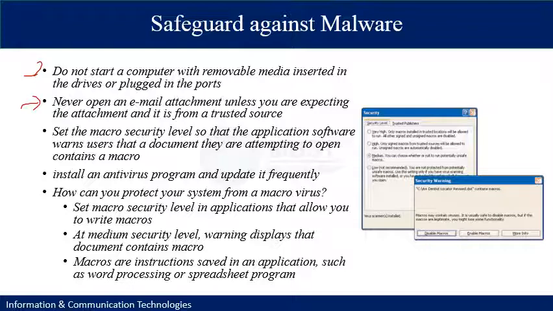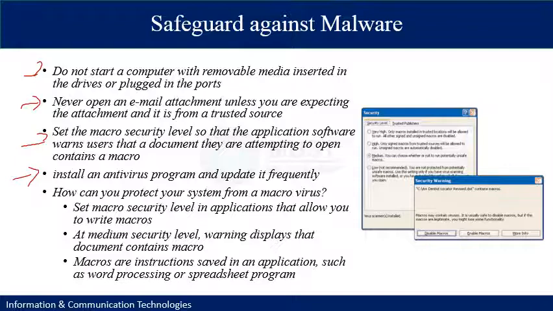You set the macro security level so that the application software warns the user that a document they are attempting to open contains a macro. This can be set using the security settings of your operating system, or you can install antivirus or anti-malware software. So the next step is to install an antivirus program and update it frequently.